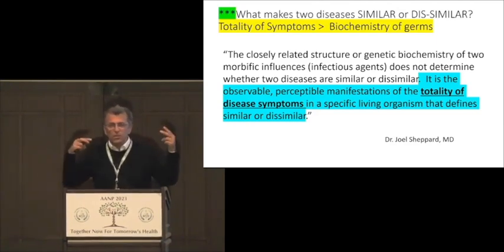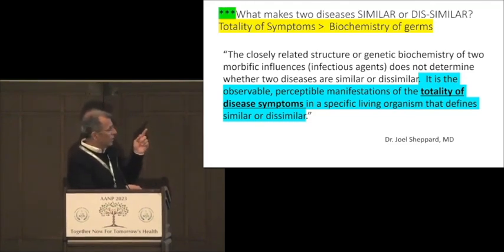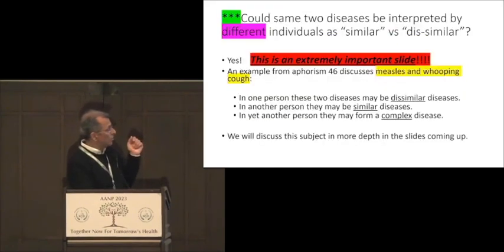But if each disease were to manifest different symptoms, then my body would consider these two diseases as dissimilar, the same two diseases. So we're looking at the totality of symptoms. We don't really care about the biochemistry of the germ, and I'm going to talk more about that coming up.